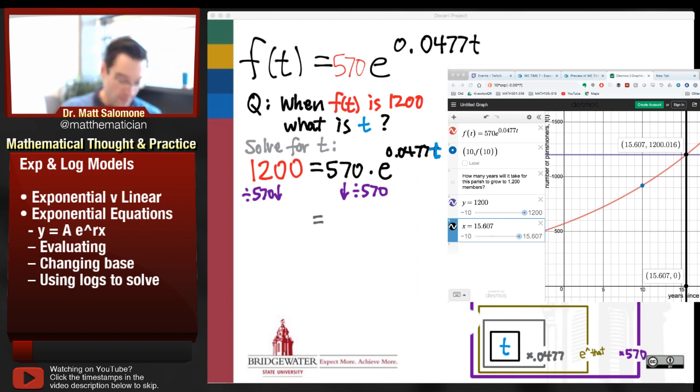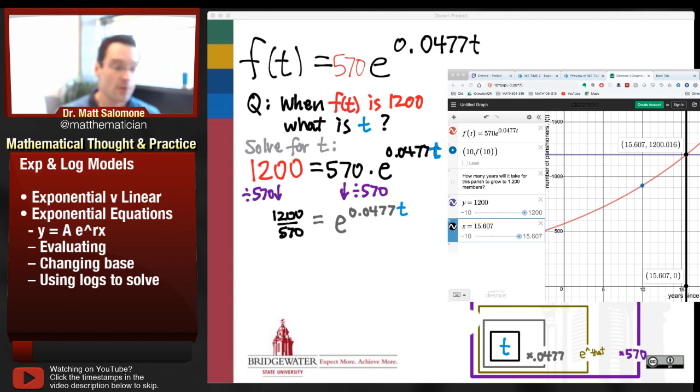And if I do that, this 570 is going to no longer be there on the right-hand side, and we will have e to the power 0.0477 times t. That gets us one step closer to where we want to be. And on the left-hand side, I'm going to write 1200 divided by 570. I'm not going to simplify that for right now. Let's wait. We'll simplify that in a little bit.